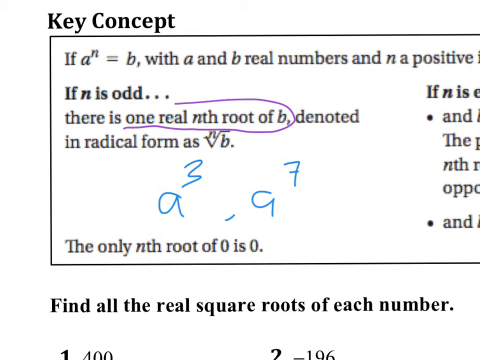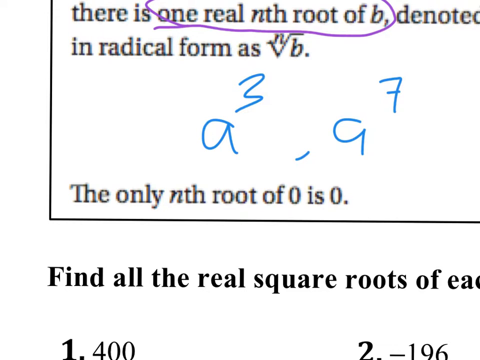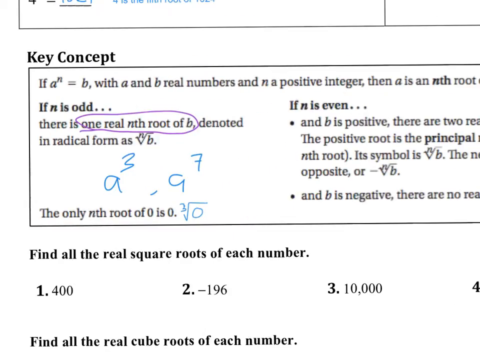If n is odd, there's only one real root. By definition, the nth root of 0 is always 0. If we had the third root of 0, it's just always going to be 0.